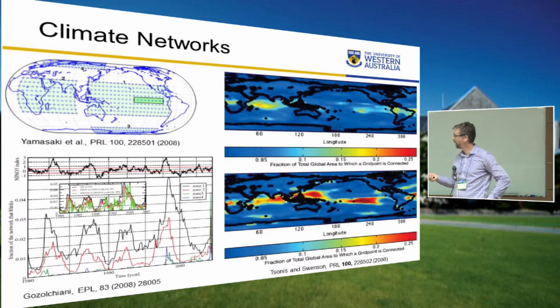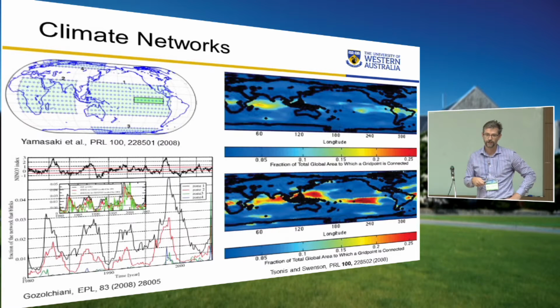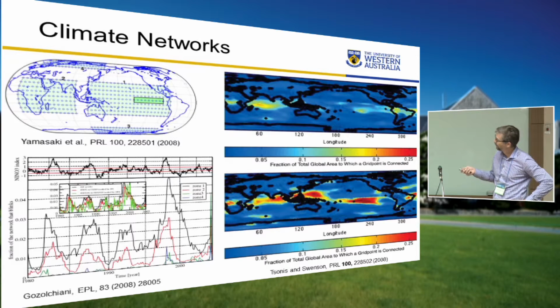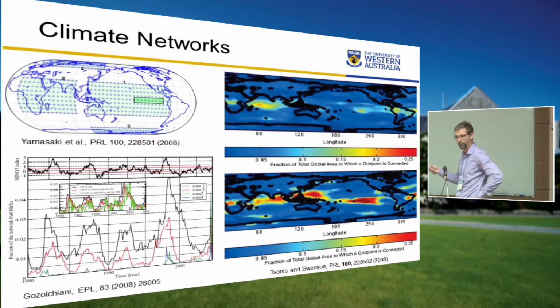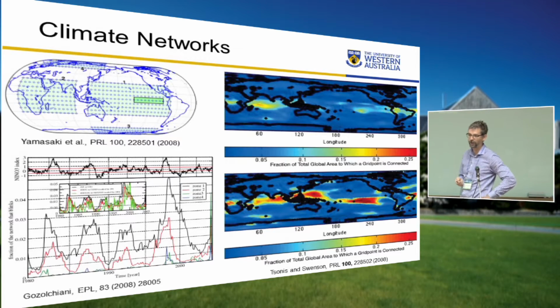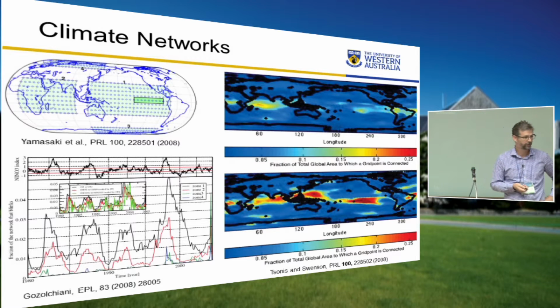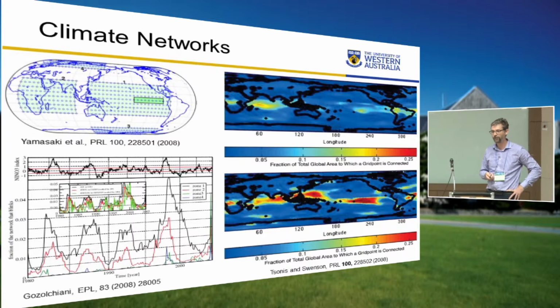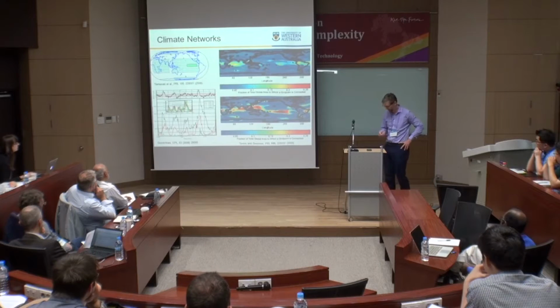And here we have surface temperature fields, and where we have parts of that field more or less correlated with other parts of the world, then we establish a network. And people can, for example, reproduce network properties that resemble the El Nino and the Southern Oscillation Index. And also fluctuations in the network also resemble the El Nino and the Southern Oscillation.